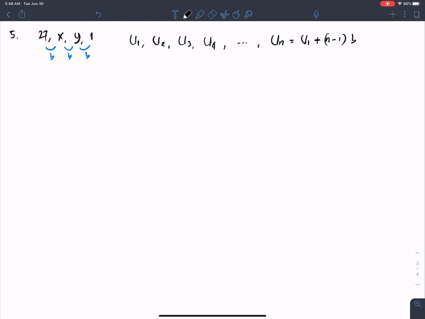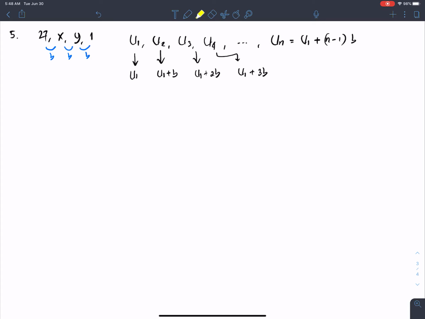So if we substitute n, u2 will be u1 plus b, then u3 will be u1 plus 2b, and u4 will be u1 plus 3b, and so on and so on.